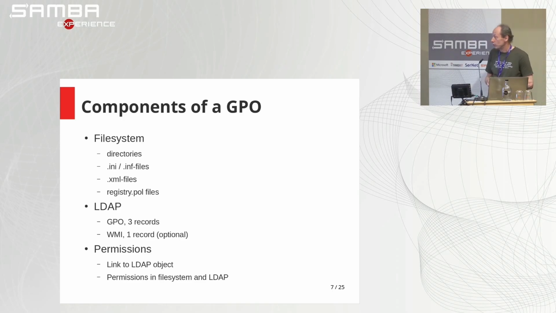Then we have LDAP, which for GPOs has 3 records: the top level, the user, and the machine. And if you want to have WMI filtering, you need another record. And there's the permissions, which comprise permissions on the file system, permissions in LDAP, and a link of the GPO to an LDAP object.